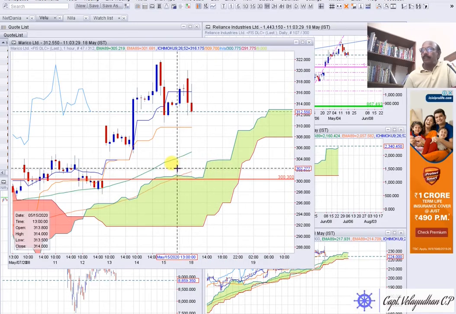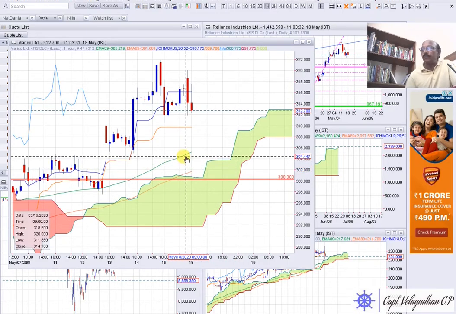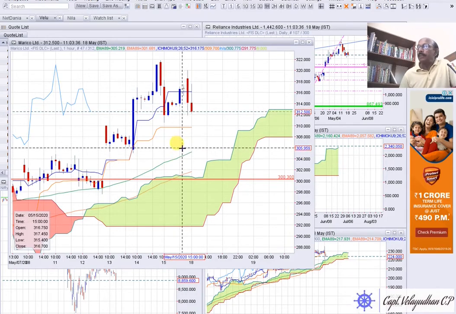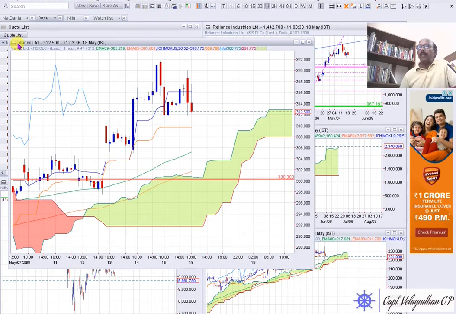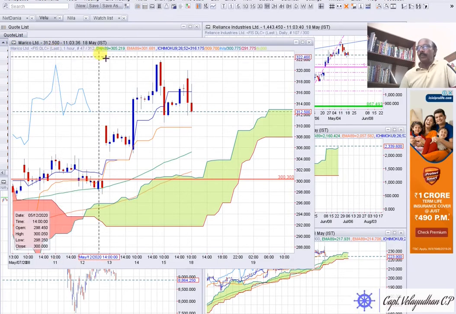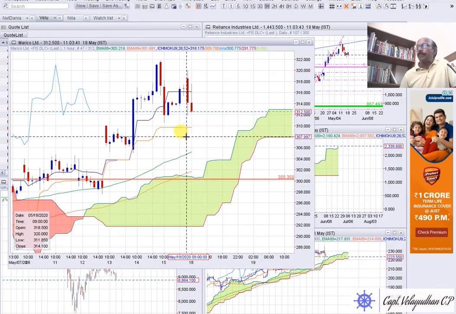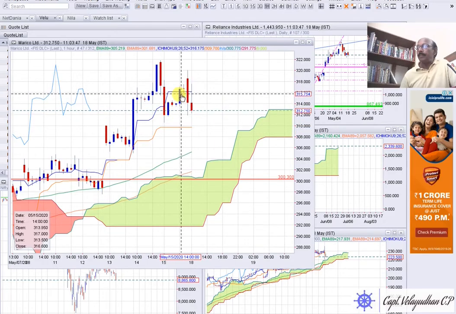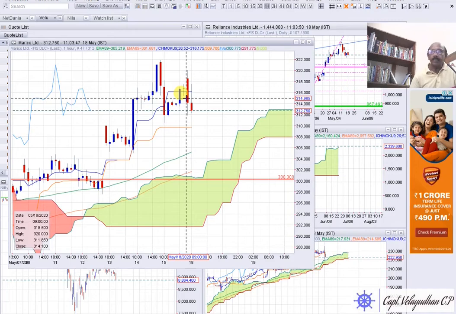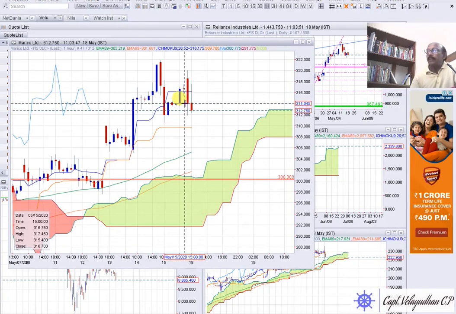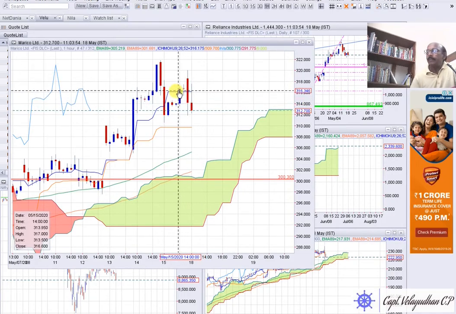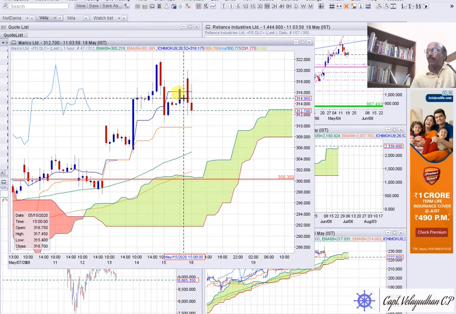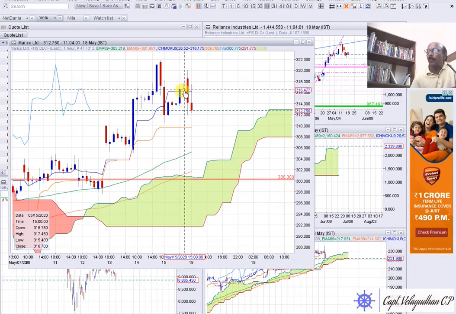Let us see some examples of doji. So this is a Marico chart of today, the 18th. This is a doji. You see, it's an hourly chart. The market in the last hour opened here, then pulled down here, then pulled back and made a small candle.